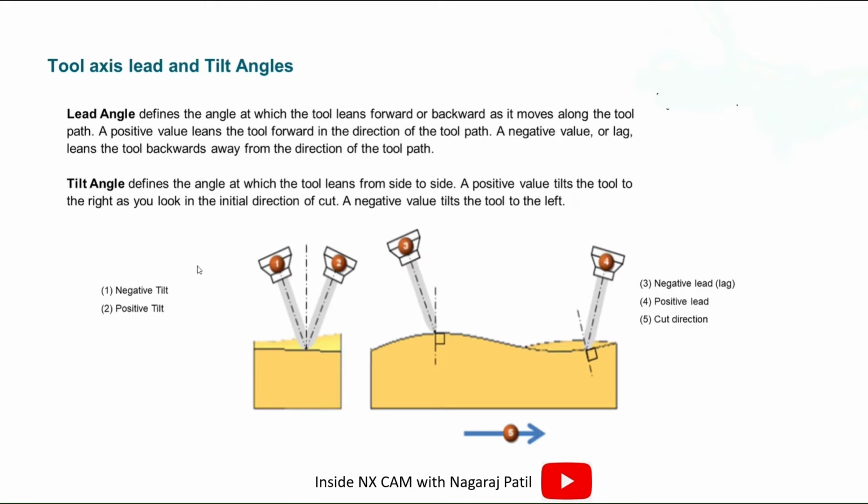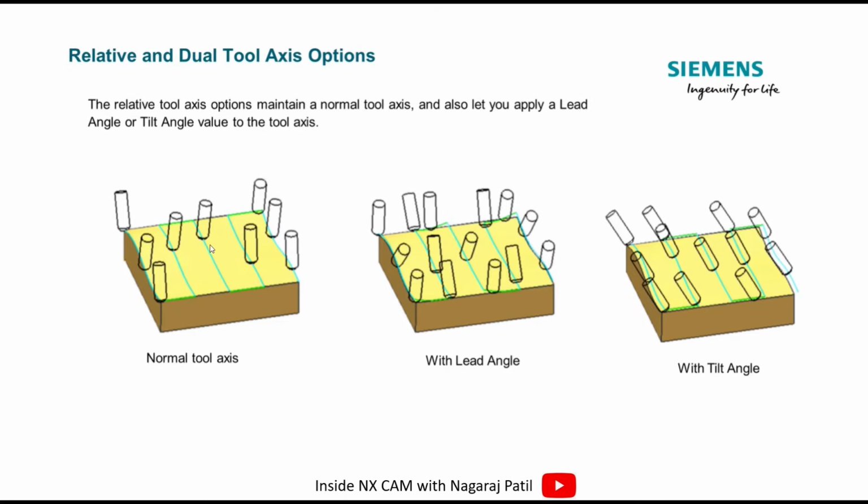In this image you can see the first one is showing negative tilt and the second one is showing positive tilt. Here we are seeing a side view. This is the front view, showing normal to the tool axis without applying any lead and tilt angle. The second image has lead angle. You can see whenever it is normal, here it is getting lead in a positive direction.